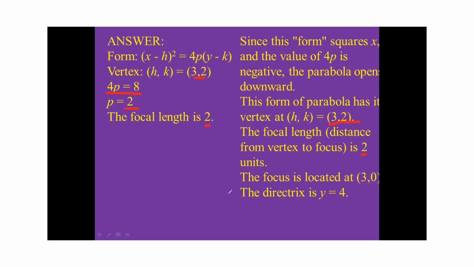The focus is located at (3, 0), and the directrix is y equals 4. The directrix equals k plus p, which equals 4.